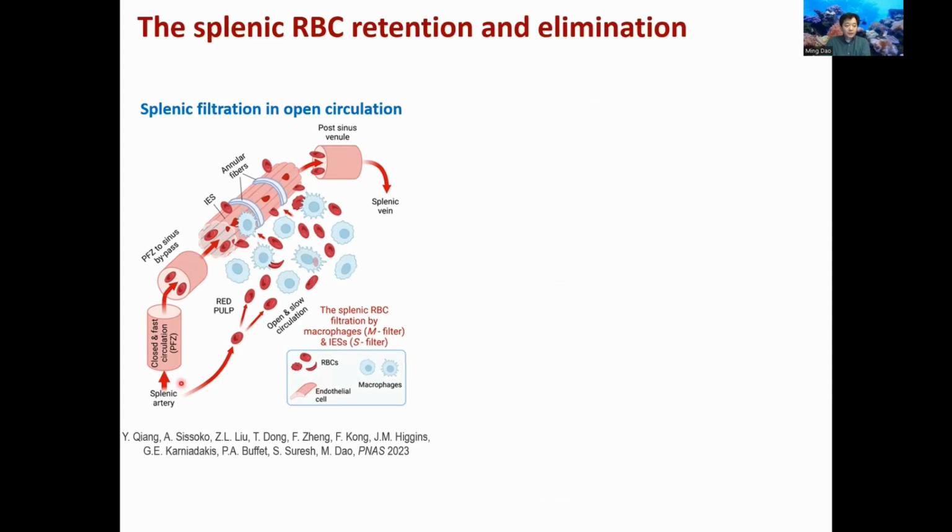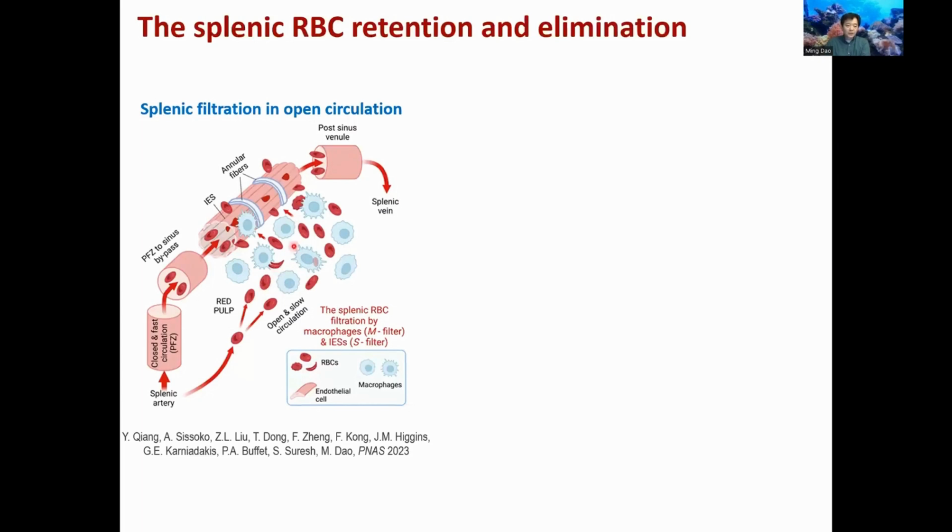So in the spleen open circulation, when the cells go into this open circulation, these red cells will see a lot of these resident macrophages. They can adhere to and eat those altered red cells.